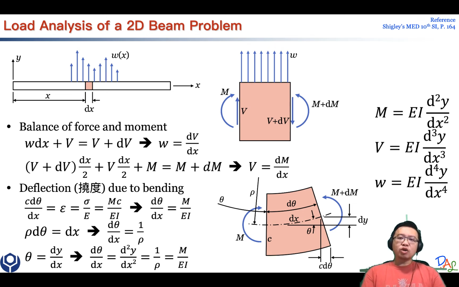So what happened to those dV and dM? What does that mean? That means this material is not only under the shearing force and bending moment on both ends, it's also under some kind of external load, like the figure that I'm showing here.